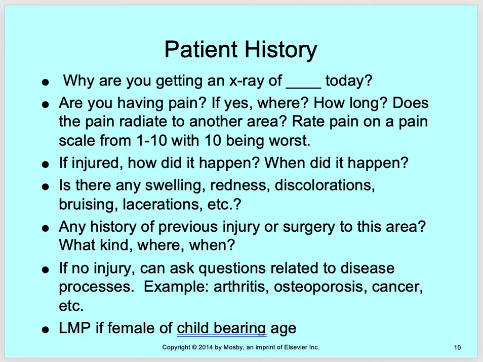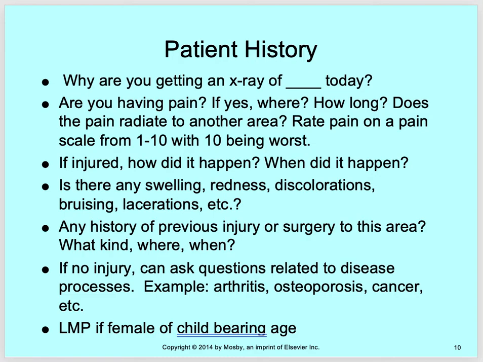How did this injury happen? When did it happen? Is there swelling, redness? Do you notice dislocation, bruising, or is there a laceration? Ask them all those important questions. Ask history, previous surgeries. If you have, what kind of surgery was it? Where was it? When did you have it?